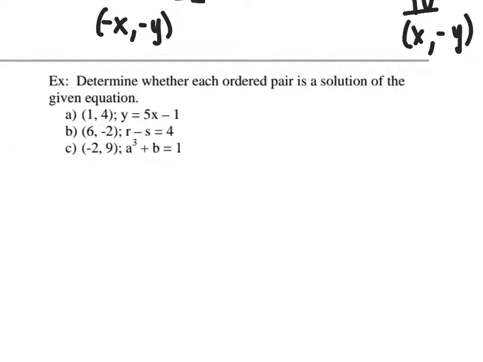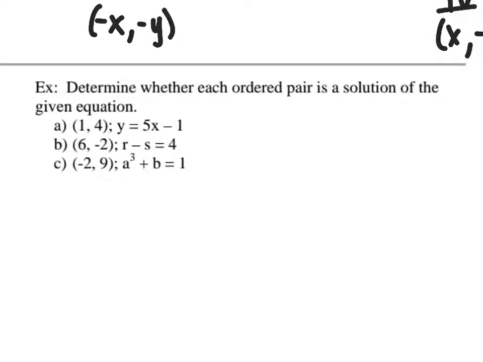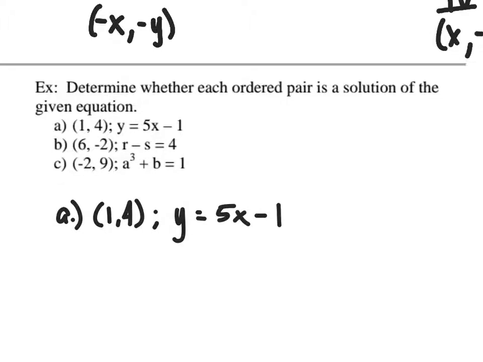So in part one, we want to determine whether each ordered pair is a solution to the given equation. In part A, I'm going to rewrite the ordered pair (1, 4), and we're going to test whether that's a solution to y = 5x - 1. What I'm going to do is analyze this point.